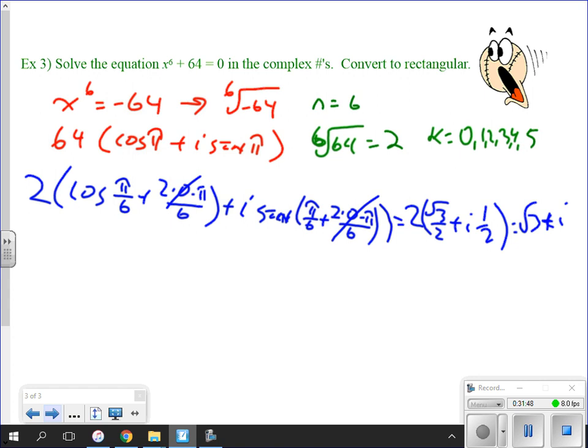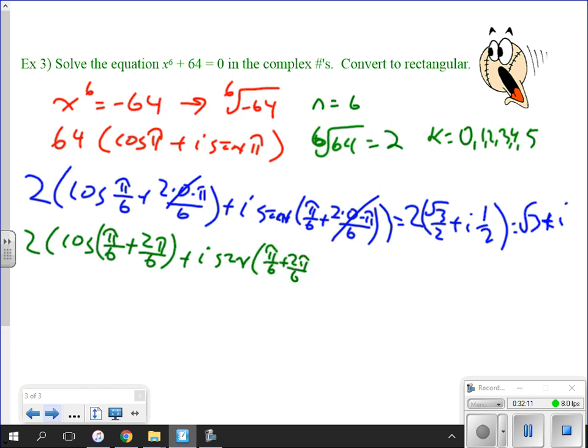How many more times? 5 more times. So I have 2 times the cosine of pi over 6 plus, and I put a 1 in there, that gives me 2 pi over 6, plus i sine of pi over 6 plus 2 pi over 6.